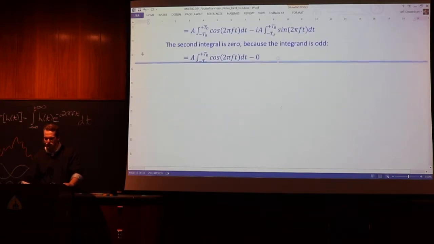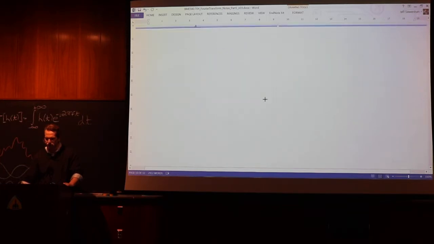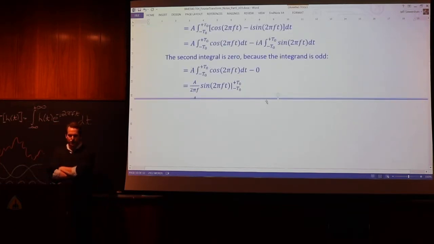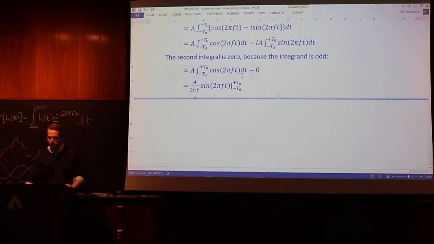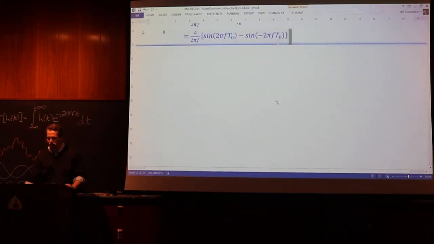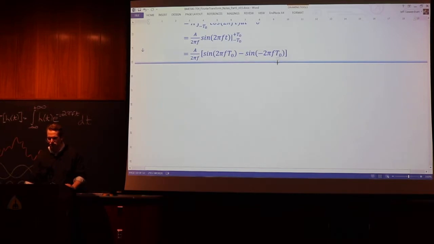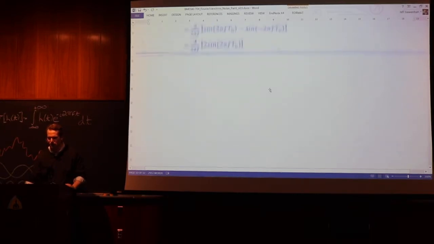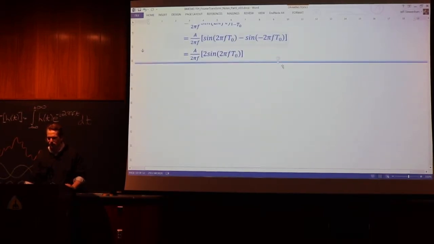There it is. Sorry, the screen's jumping around. Integral of a cosine is sine, 1 over the argument. So the 2 pi f comes out. There we go. Evaluate the limits. I'm really drawing it out. There's that.